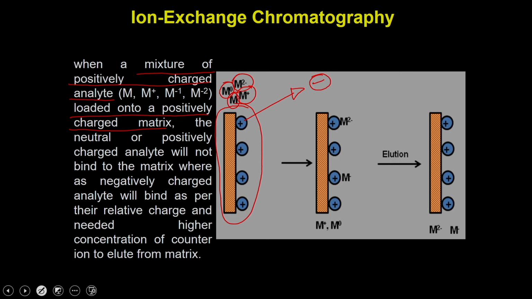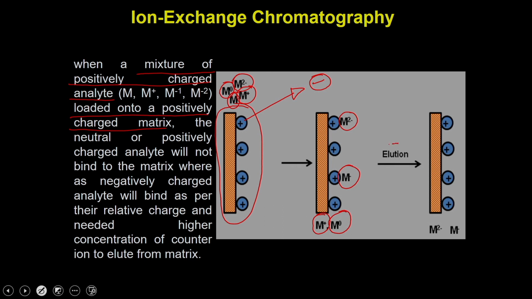So, in this process, once you flow this complex mixture, the M2 minus as well as the M minus is going to bind the matrix, whereas the M plus is actually going to repel the bound charges, and M0 does not have any charge. So, it will also not bind the matrix.